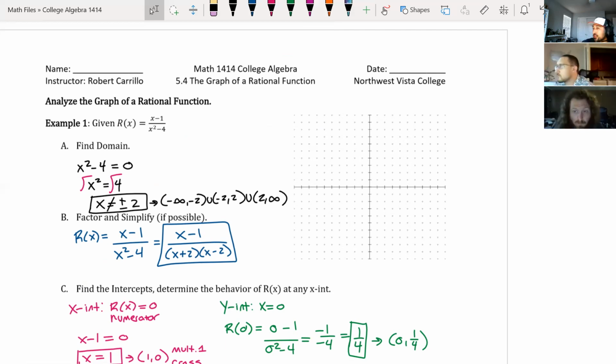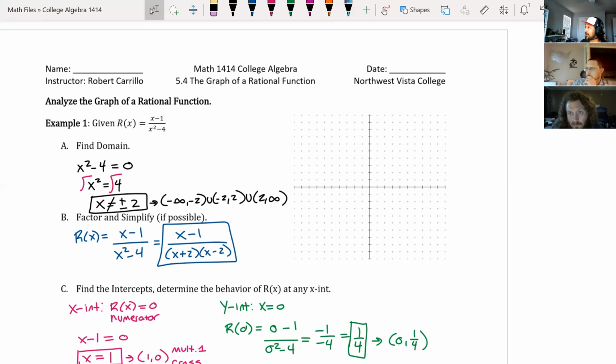What is the largest exponent of the numerator? Cassie said 1 in the chat. 1. Oh yeah, sorry, I need to look at my chat. There we go. And what is the degree of my denominator? 2. So the degree of the numerator is smaller than the degree of the denominator.